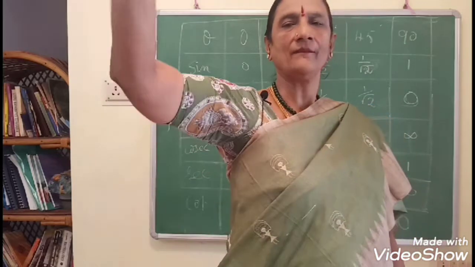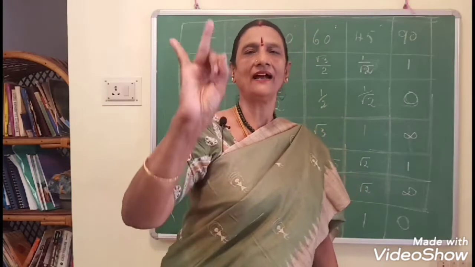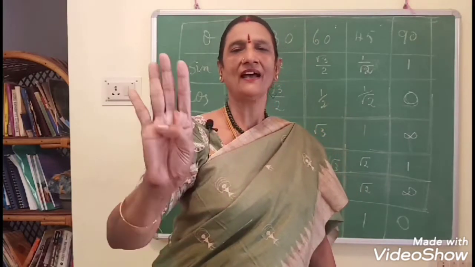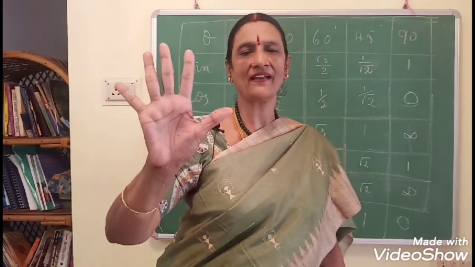Shall I repeat? This is your 0, this is your 30 degrees, this is your 45 degrees, this finger is for 60 degrees, and the thumb is for 90 degrees.